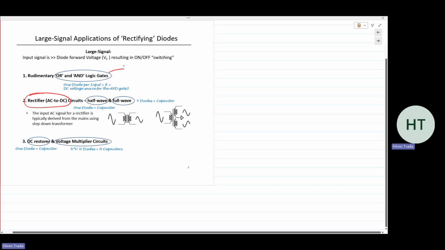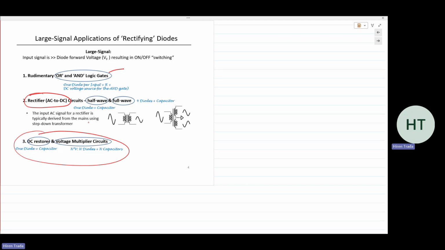We can also create OR and AND gates using diodes, but those are not very desirable. I will go over some of the circuit models, but again, these are not desirable for performing actual logic circuits. And of course we already looked at voltage multiplier circuits, the peak detector, and the clamper circuit.